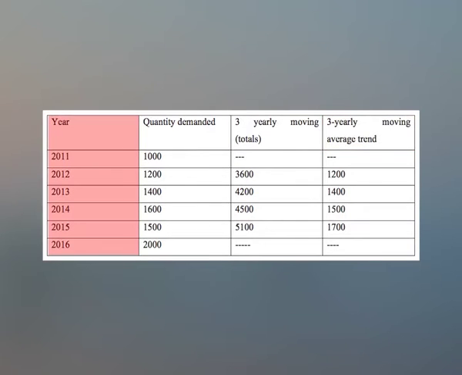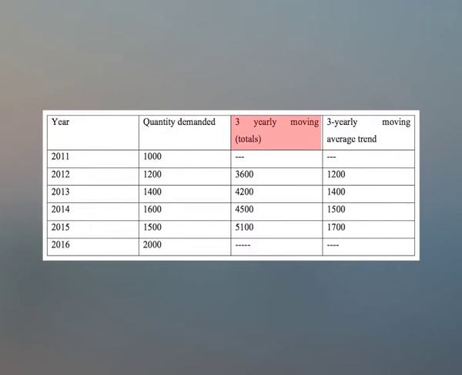The years are given to you from 2011 to 2016. And the quantity demanded is also given to you, that is 1000 for the year 2011, then 1200 for 2012, then 1400 for 2013, 1600 for the year 2014, then 1500 for the year 2015 and 2000 for the year 2016.